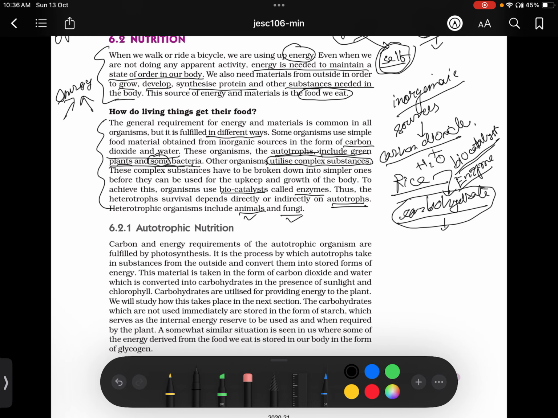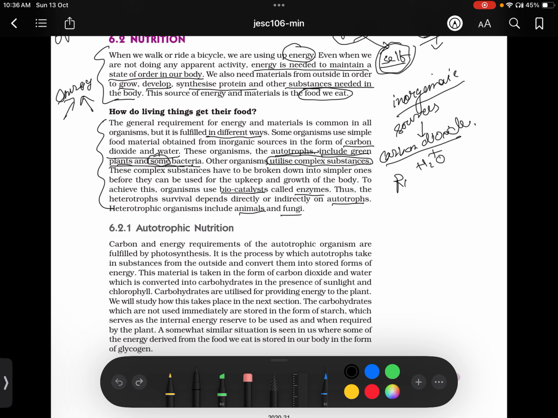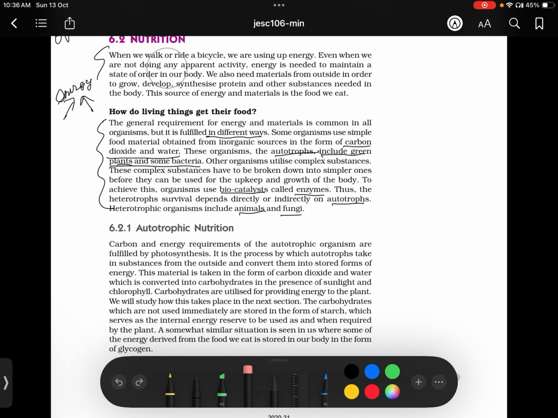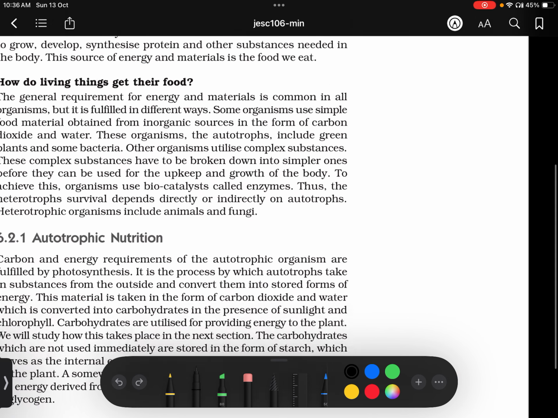Now, coming to the next paragraph, that is autotrophic nutrition. We have learned about the various modes of nutrition, the autotrophic organisms and heterotrophic organisms. Now, we learn specifically about the autotrophic organisms.